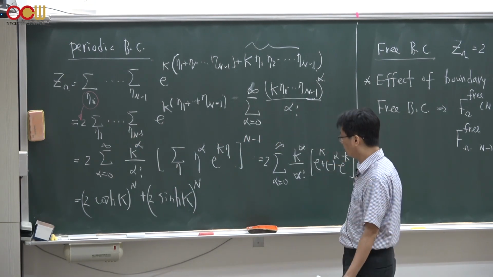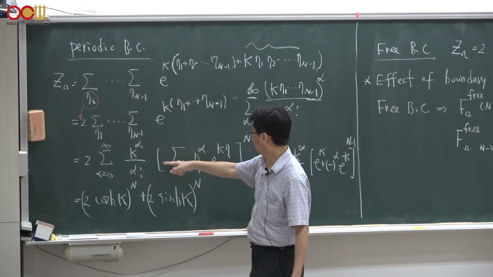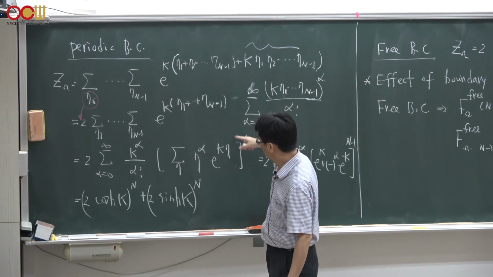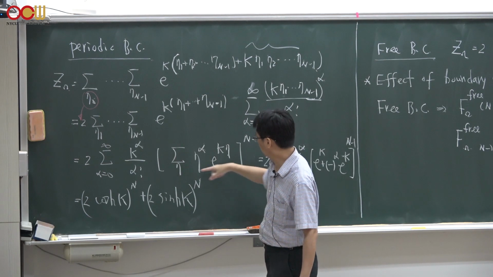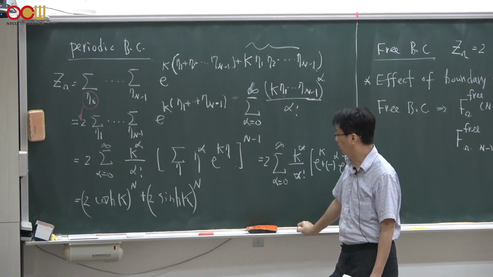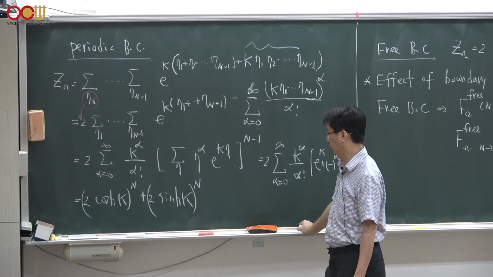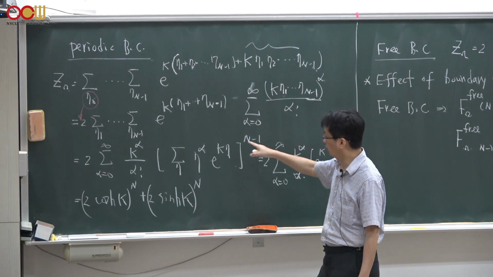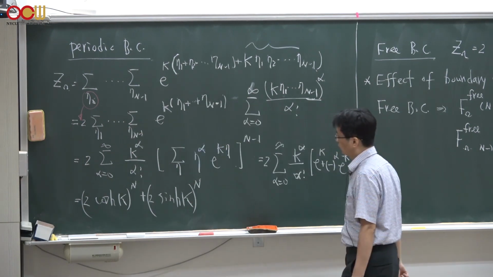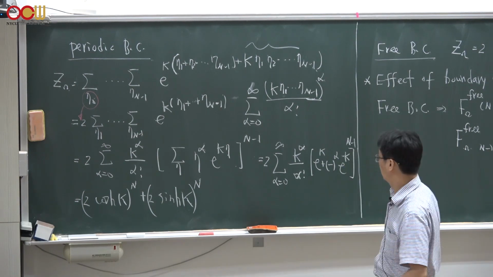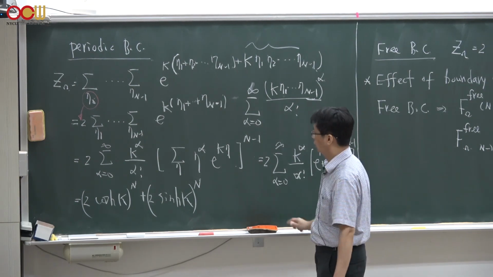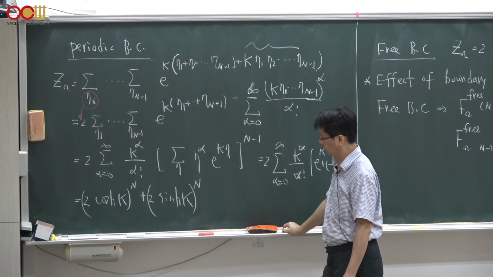As a result, you can take the single summation as a base, and put a power on the summation over a single eta, and this power is n minus 1, because there are n minus 1 single summations over eta, multiplied together. All right?